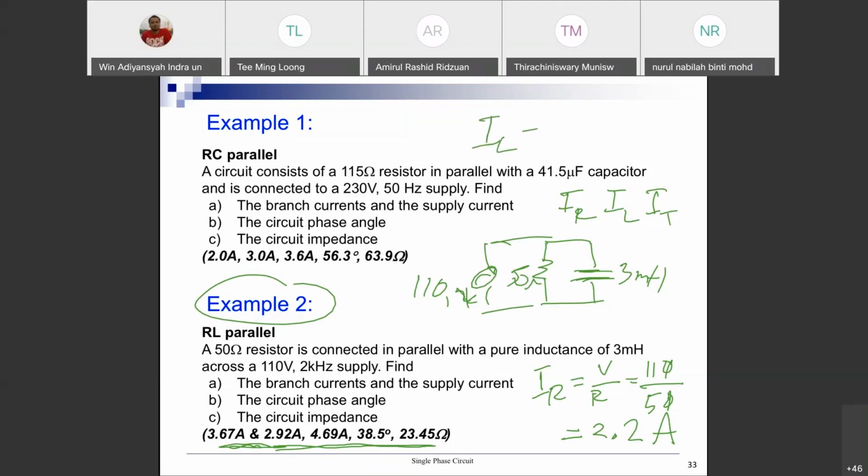Because IL equal to V over XL. V is 110, XL is 2 pi F L, F is 2 kHz, L is 3 milli. So 110 over 4 pi. 110 over 4 pi.